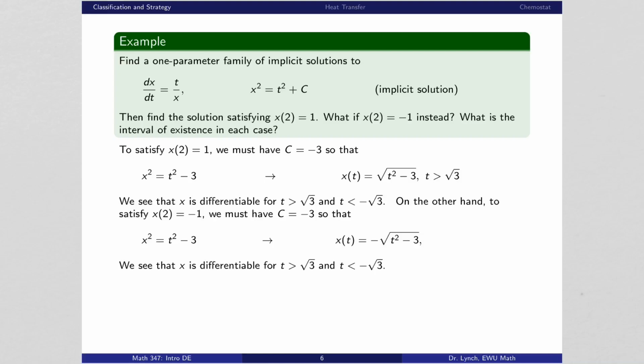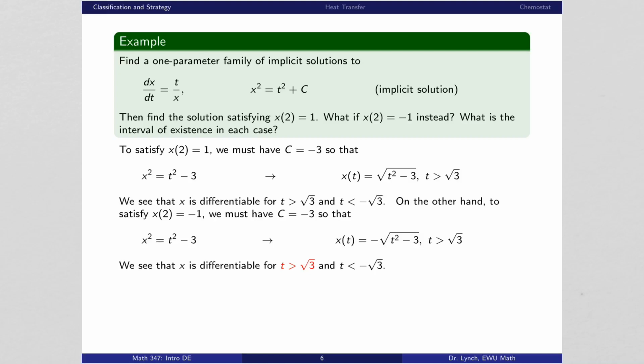This square root function, again, is differentiable for t greater than square root of 3 and for t less than negative square root of 3, and again, we have to choose an interval of existence corresponding to the initial t value, which in this case happens to be t greater than square root of 3 again. Okay, so the interval of existence for this second initial value problem is the same as the first, but we choose the family member different.